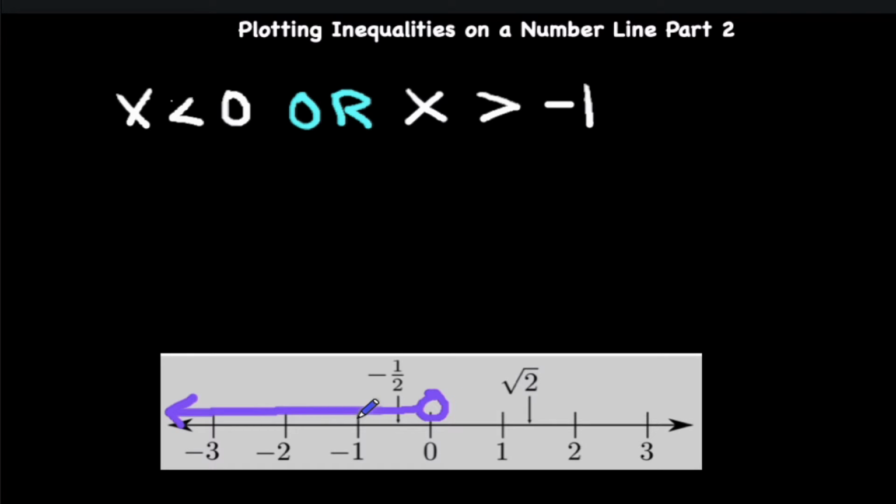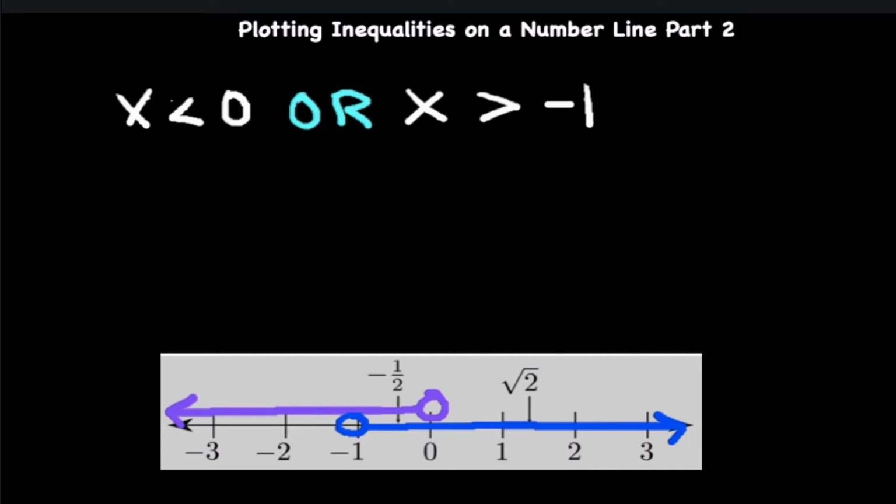So -1 here is going to be an open circle, and we are shading towards the right this time since x is greater than -1. Notice how the graph points in two opposite directions. That's what's going to happen anytime you're faced with the word or.